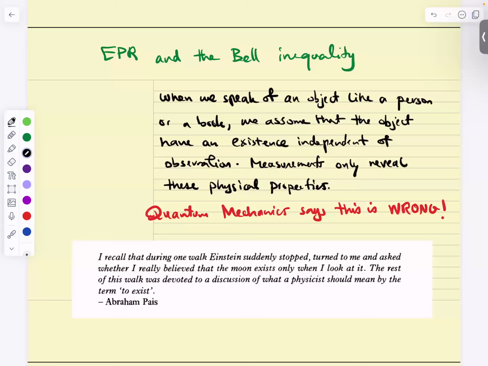Somebody was going for a walk with Einstein, and he was obsessed with the fact that when you look at the moon, if you were not looking at it, the moon wasn't there. The moment you looked at it, the moon just popped up. Or what does it mean for it to exist? This is about existence, reality, realism. That's what we're talking about.